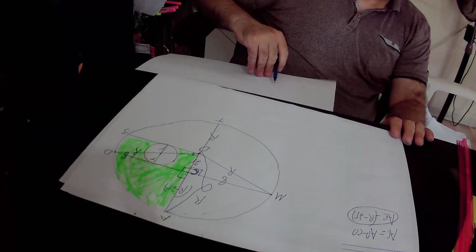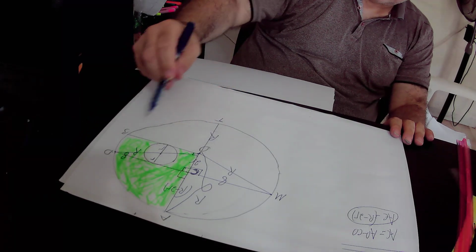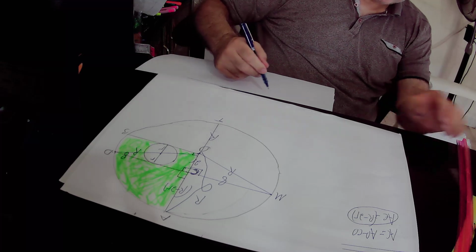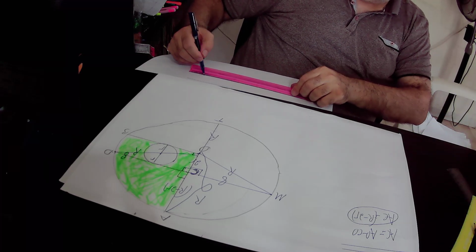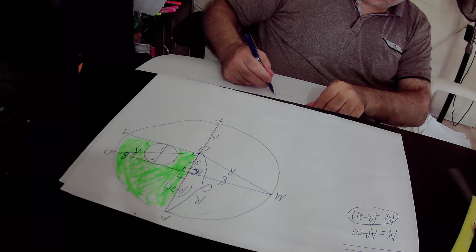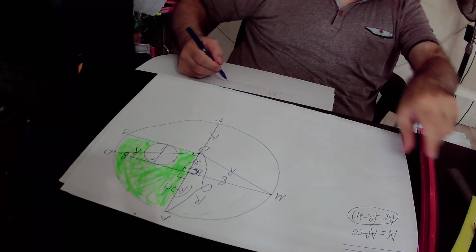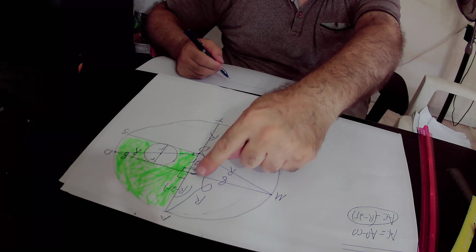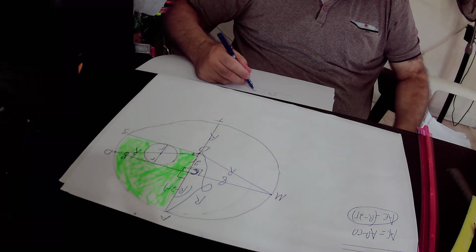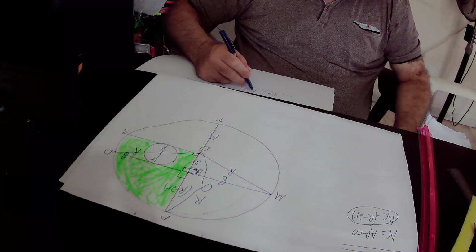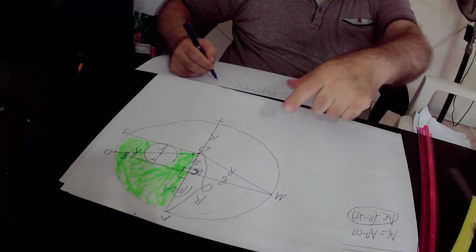Okay. MC is 8, CD is 8, MC times CD is 8 times 8, that is 64. And it is equal to AC, which is capital R minus 2R, times CT. What is the value of CT?